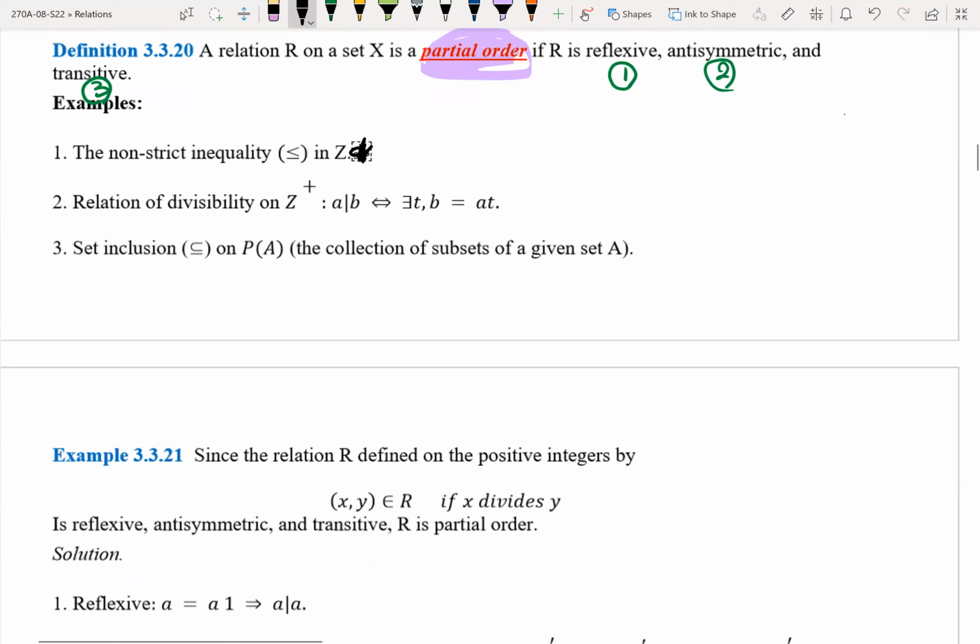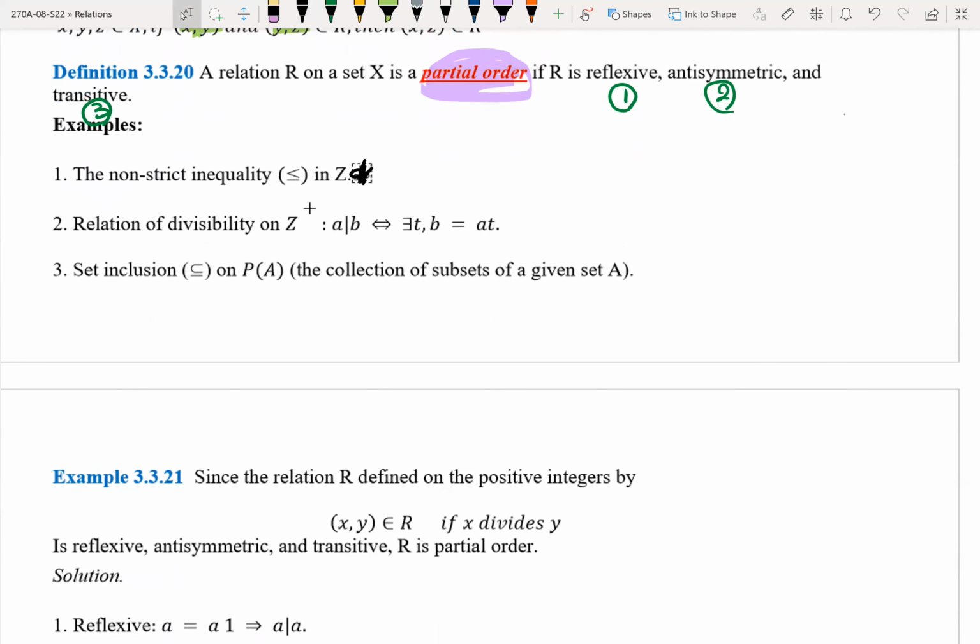Okay, so one more: divisibility. That's a notation. Have you seen this notation?